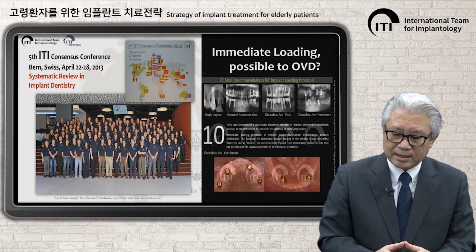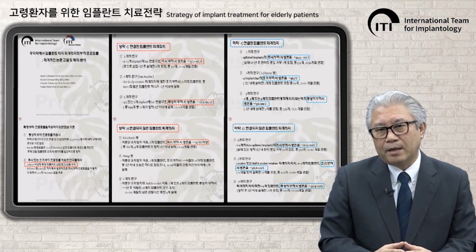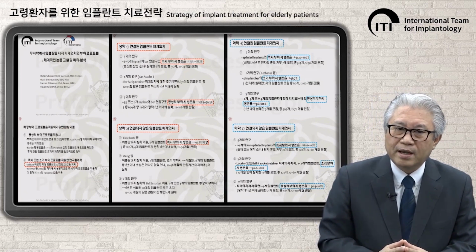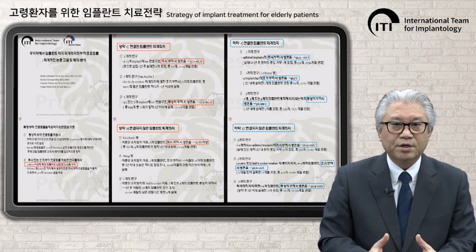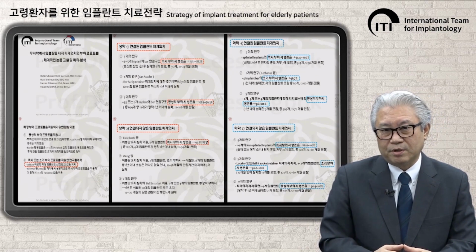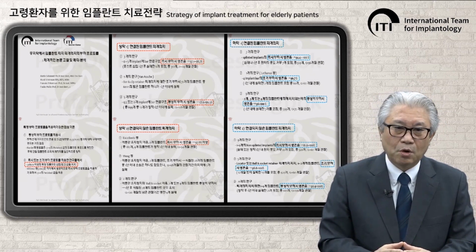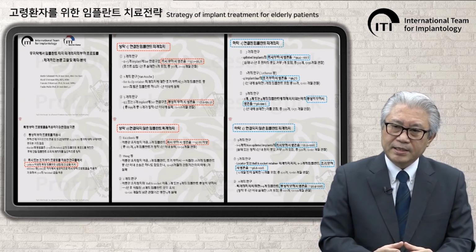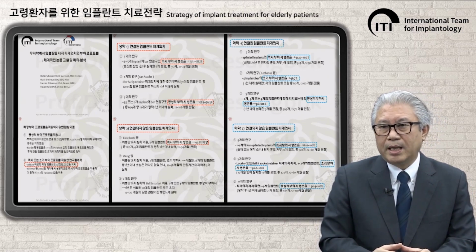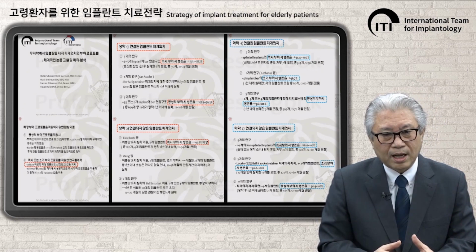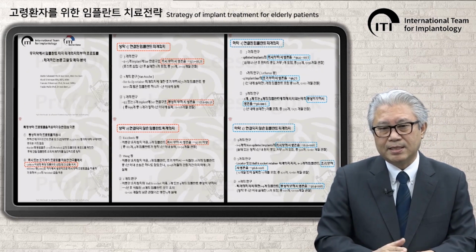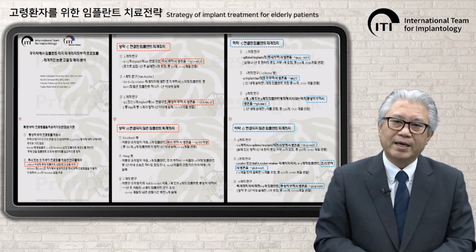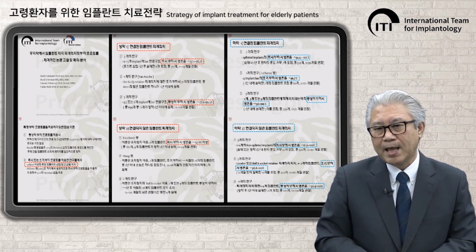The 2013 meeting also clarified the issue of whether immediate loading is possible for implant overdenture. The conclusion of our ITI group on loading protocol for implant overdenture is that it's possible to perform immediate loading if the insertion torque measured during implant surgery is 30 Newton centimeter or more.